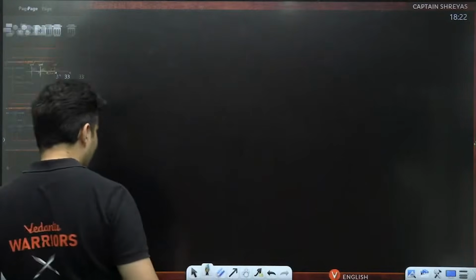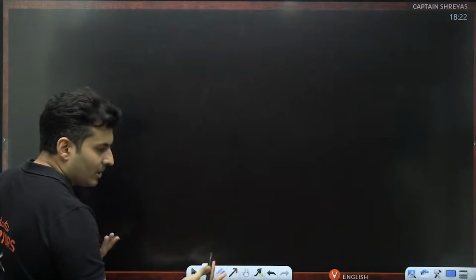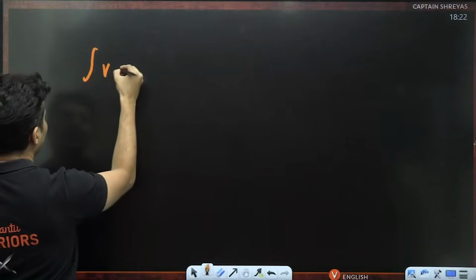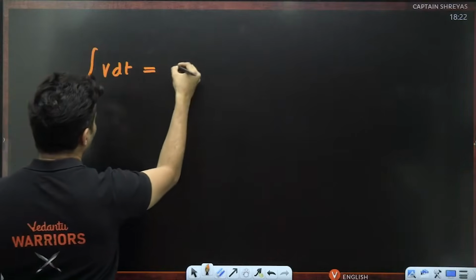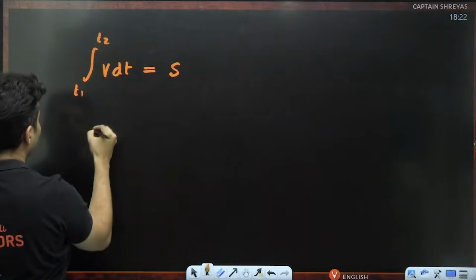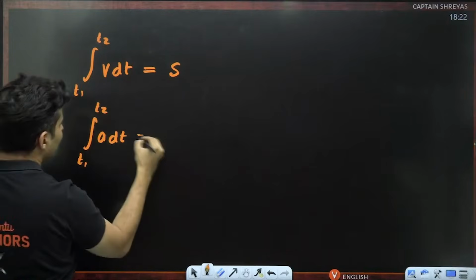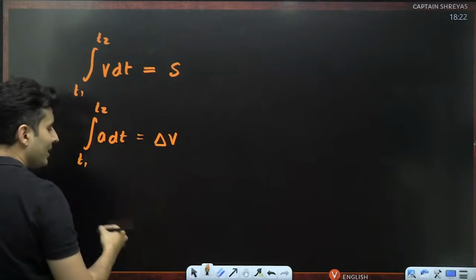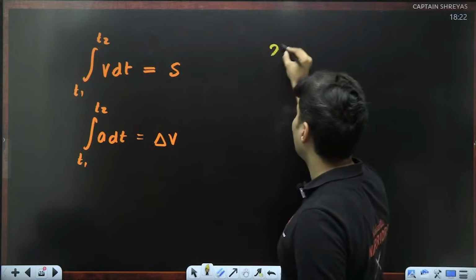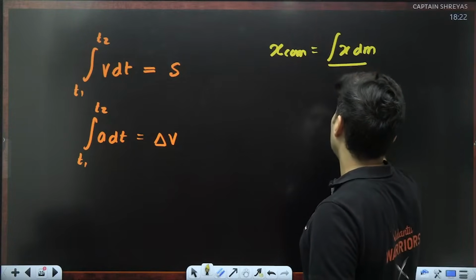You will see that integration comes in in one of the first few chapters of physics, which is kinematics. Integration of velocity with respect to time is going to give you displacement, with the proper limits t1 to t2. You will see integration of acceleration with respect to time with proper limits gives you change in velocity. You will see that the center of mass formula, xcom, will be integration x dm upon the total mass.